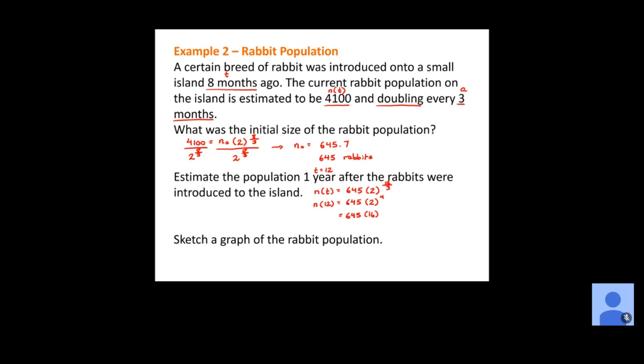And if we do that, 645 times 16 should give us 10,320. And so that's our population after 12 months or 1 year. And again, don't forget your units here. Since we're finding a population, this was a population of rabbits. So this is rabbits.